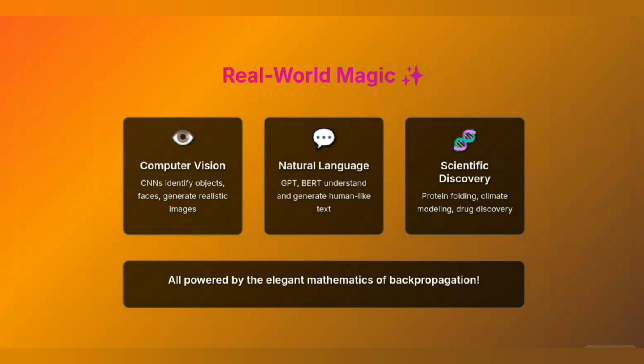Even in reinforcement learning, backpropagation helps train value functions and policy networks that enable AI to master games and control robots. Beyond commercial applications, backpropagation is accelerating scientific discovery, from predicting protein structures to modeling climate change.